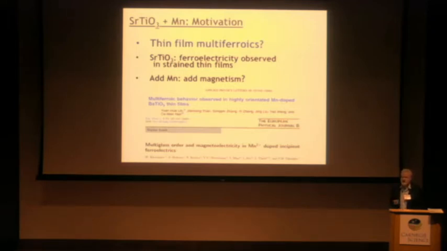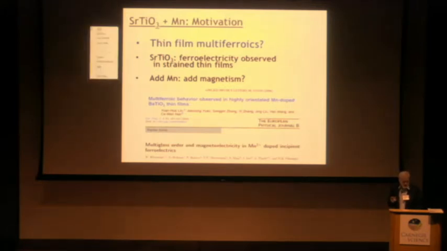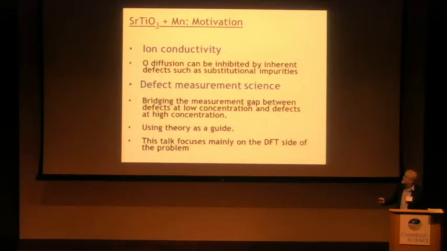That also makes a good introduction to the last talk in the session by Dabrowski. I think he's going to be talking about multiferroics with manganese doping. Another topic is ion conductivity.